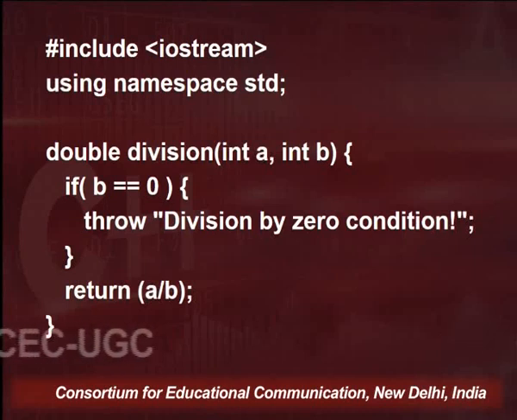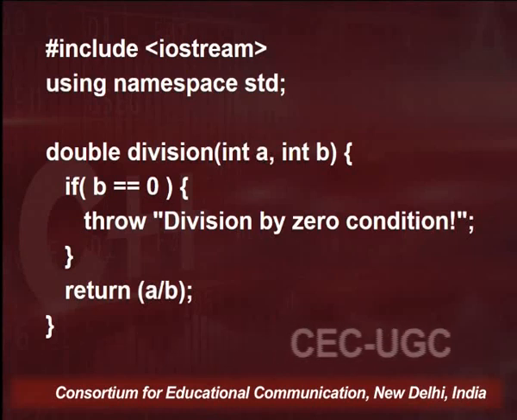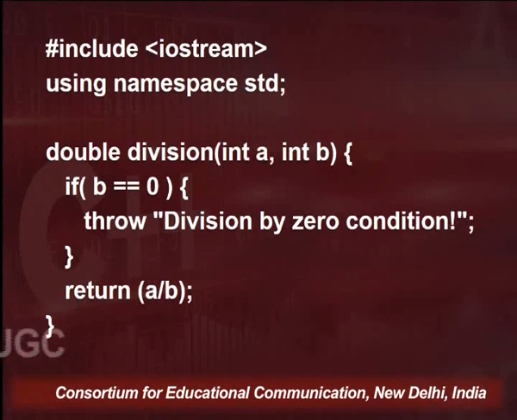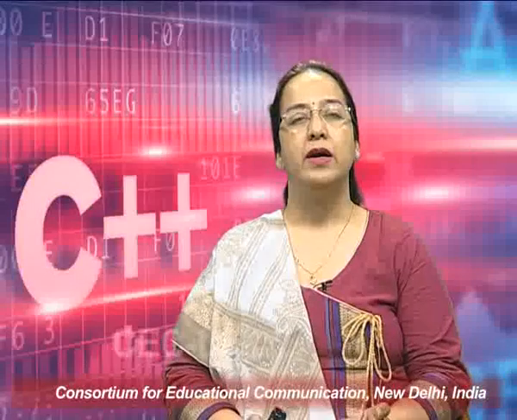That means here we have a complete string. So basically in this situation the throw will be looking for a particular catch whose parameter is a character pointer or a character string, which matches this division by 0 string.